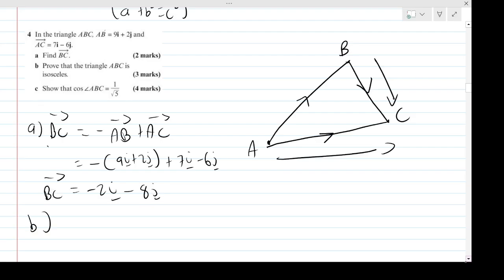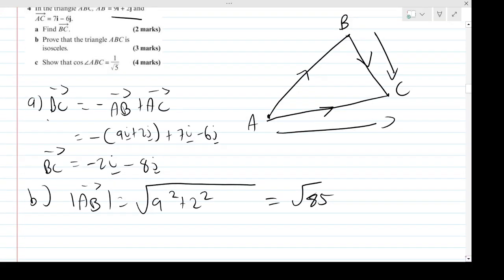Cool. Then for part B, and this is where it kicks in, we need to prove that this triangle is isosceles. So again, we're going to consider the lengths of all three sides. Firstly, we can find the length AB. We know AB is 9i and 2j, so the length of that is going to be the root of 9 squared and 2 squared, which will get me root 85.